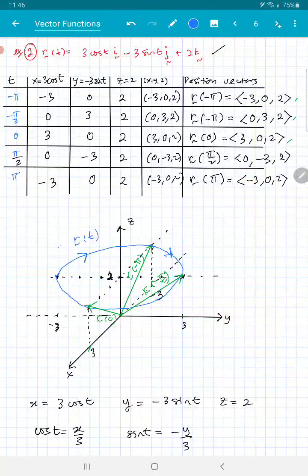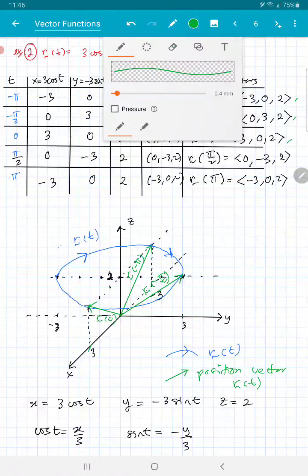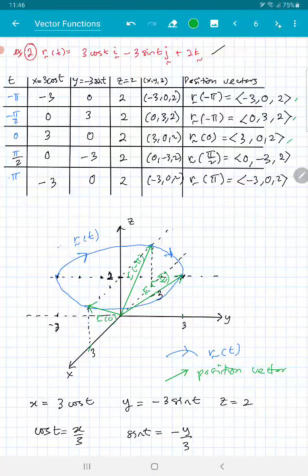The blue curve is our vector function r. The green vector is the position vector, r at different values of t.